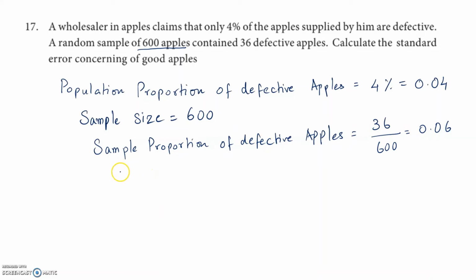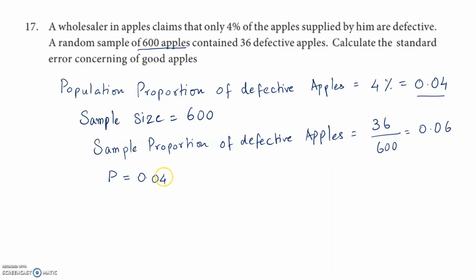Now, since we are asked to calculate based on the good apples, so the proportion P would be equal to 0.04, which is from here.